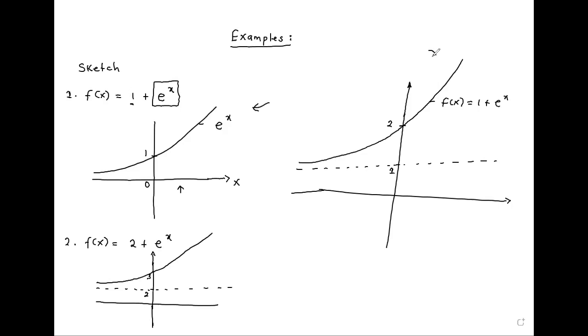Not this one, but this one. e to the power x is shifting 2 units up. And so what was the x-axis has become 2, the asymptote. And then from the asymptote, you move 1 step.